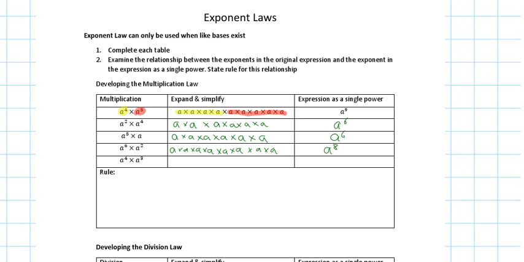Do you see any pattern here? Add the exponents, right? It's as simple as if I do 4 plus 5, that gives me 9. If I do 2 plus 4, that gives me 6. If I do 5 plus 1, that gives me 6, right?